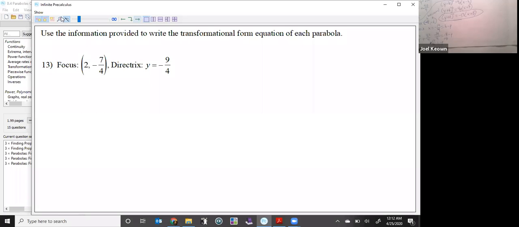All right, number 13. What if they give me the focus and the directrix? Right here, 13, focus, and directrix.